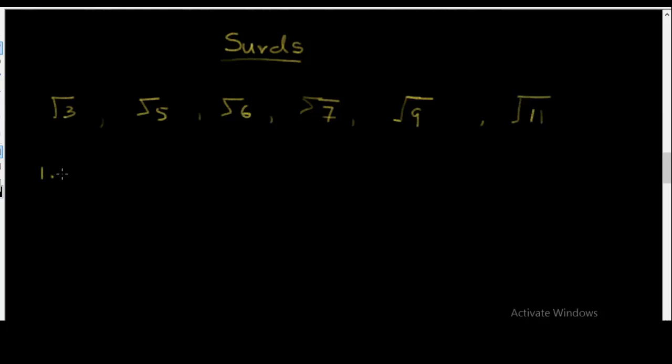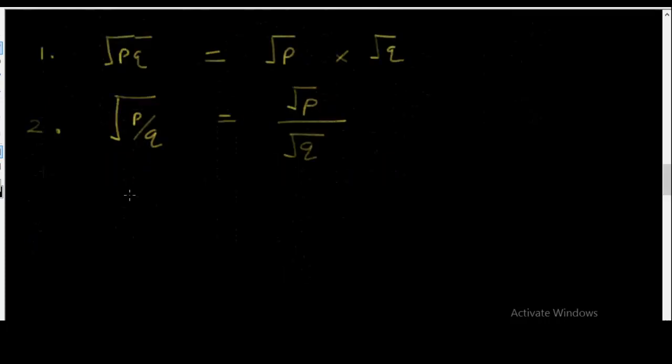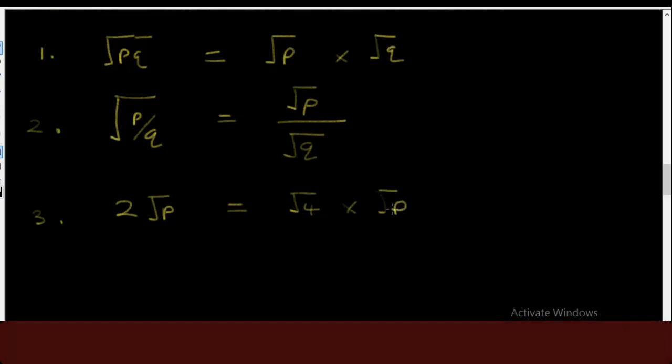Take, for example, 1: the surd of P times Q is the same as writing surd P multiplied by surd Q. Number 2: the surd of P over Q is also the same as writing surd P all over surd Q. Now number 3: take for example 2 surd P, which is also the same as writing the surd of 4 multiplied by the surd of P, which is also the same as writing surd 4P.